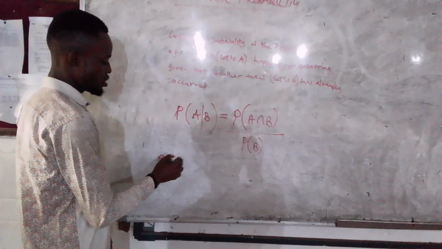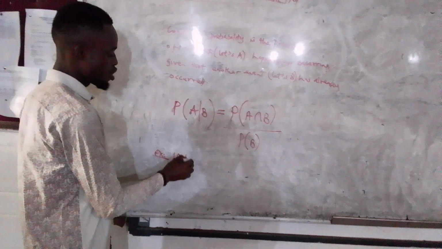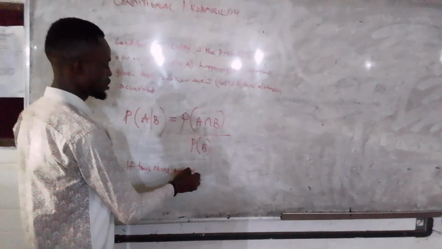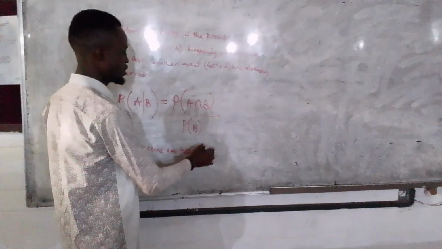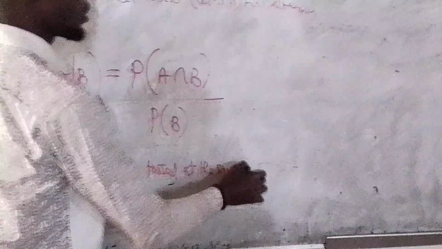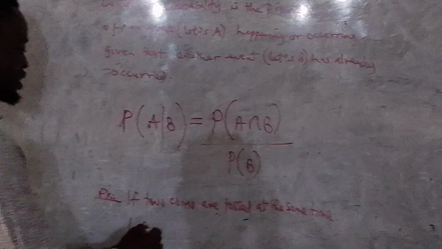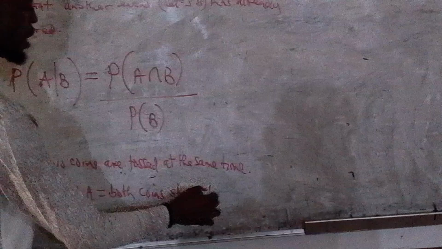If two coins are tossed at the same time, let event A be both coins showing heads.